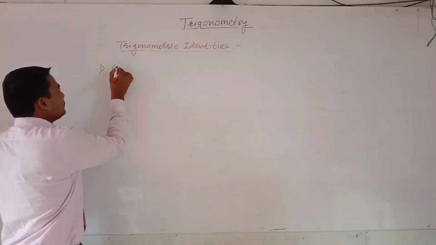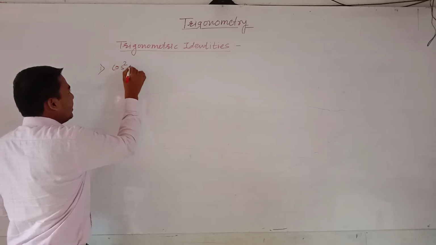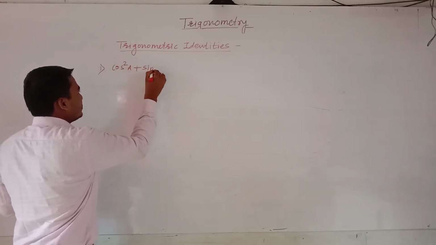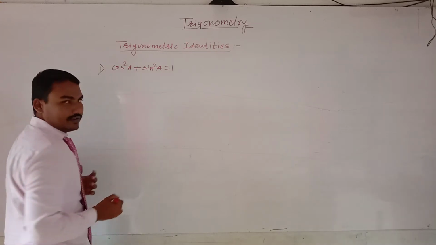Suppose first is cos square A plus sin square A, which is equal to 1.